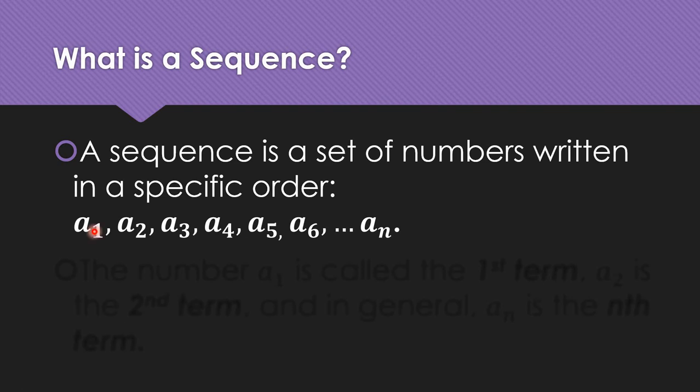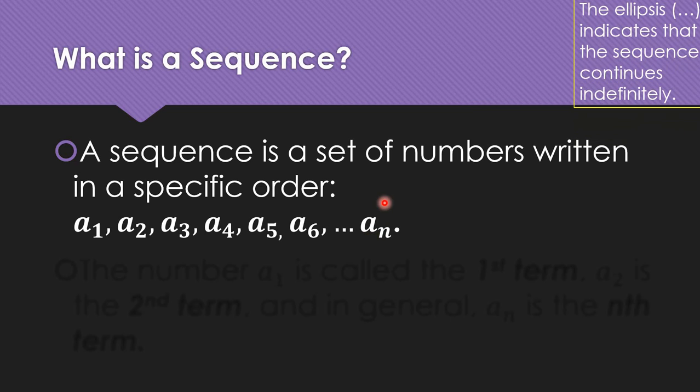So, as you can see here, we have here in notation, we read this as A sub 1, A sub 2, A sub 3, A sub 4, A sub 5, A sub 6, up to A sub n. So as you can see, we have here 3 dots. So in mathematics, ang tawag natin dyan ay ellipsis.